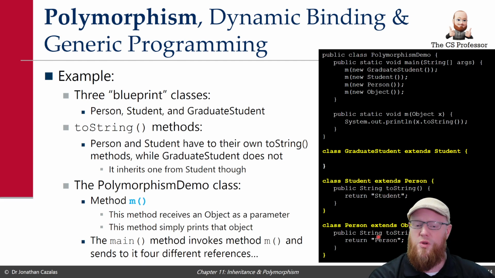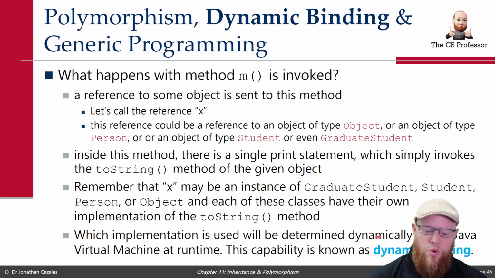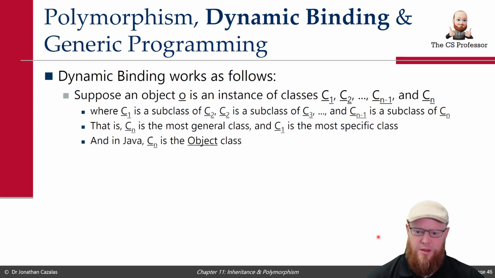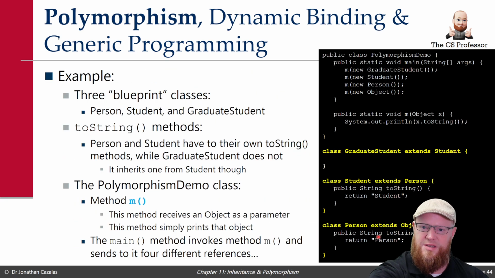Is it the toString of the object class, that trash toString method? Which one gets invoked and how is that decided? This is known as dynamic binding. Which toString ultimately gets invoked is determined dynamically by the Java virtual machine at runtime, and this is called dynamic binding. So I think we fully understood this example and which one's ultimately getting printed.